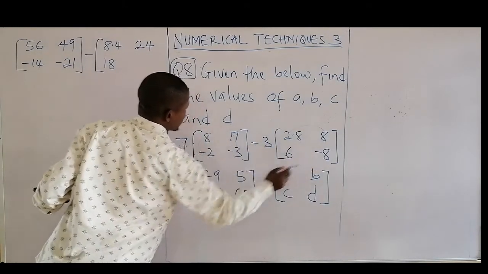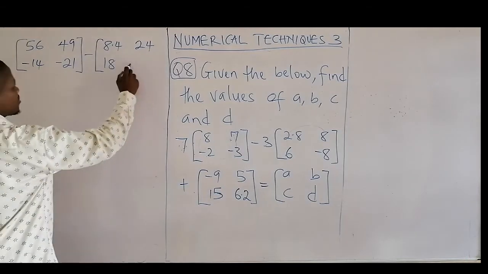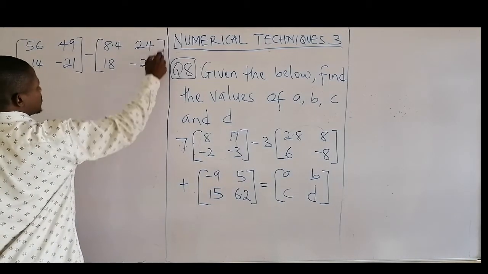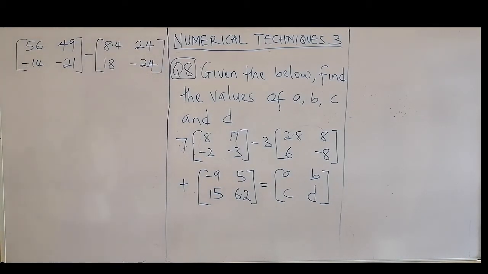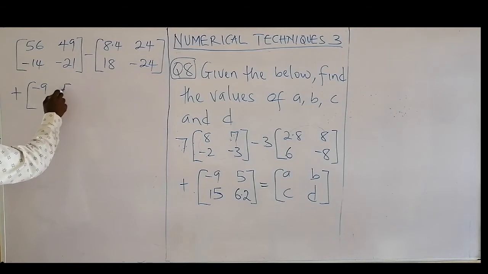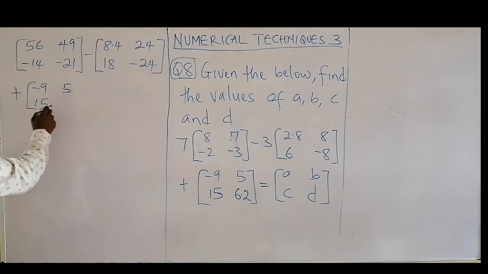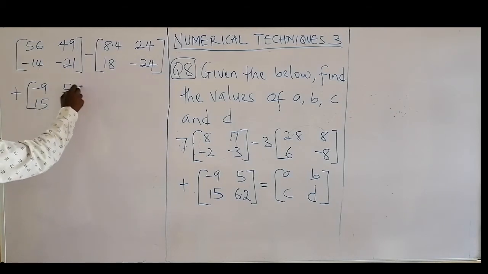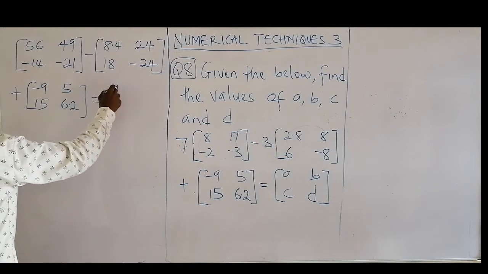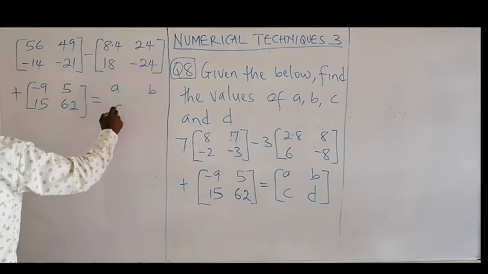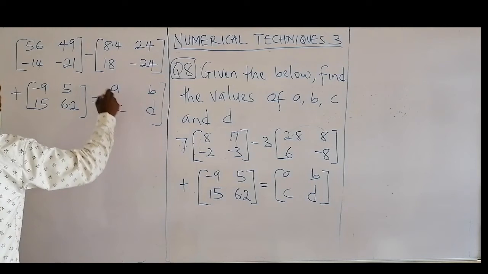And then minus 3 times minus 8, that's plus 24. Then plus minus 9, 5, 15, 6.2 equal to A, B, C, D. So that's what we have now.